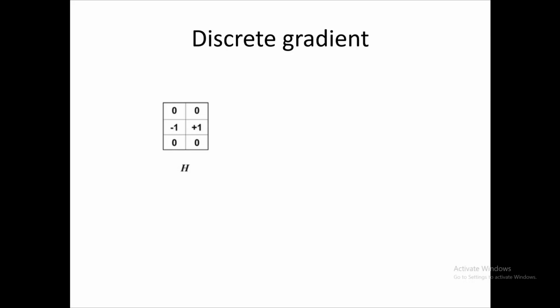So in order to consider the previous one and the next one, we take this operator. This operator considers the previous pixel and the next pixel, and it is obtained by this operation.